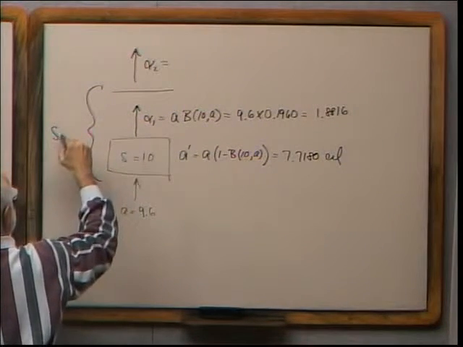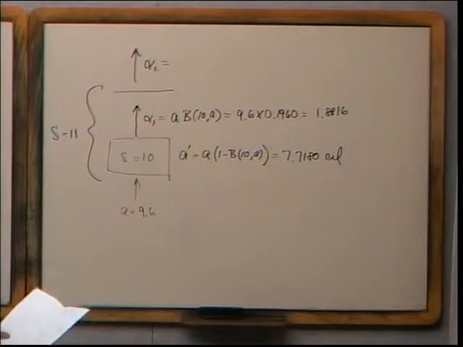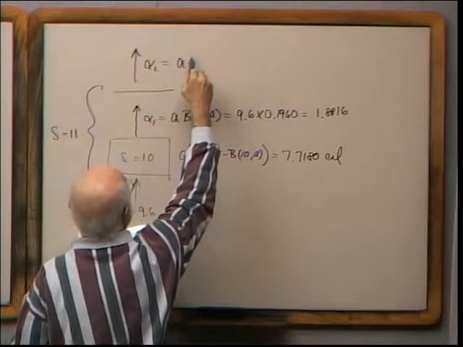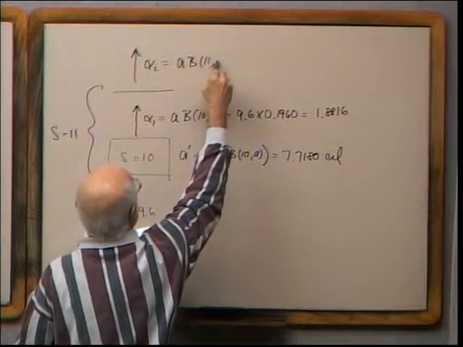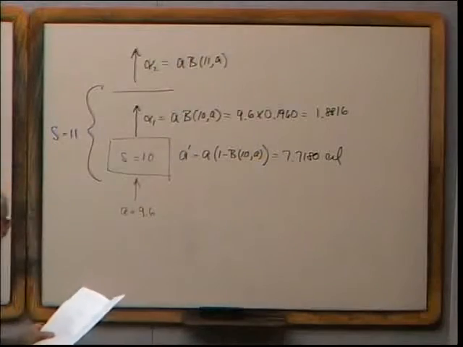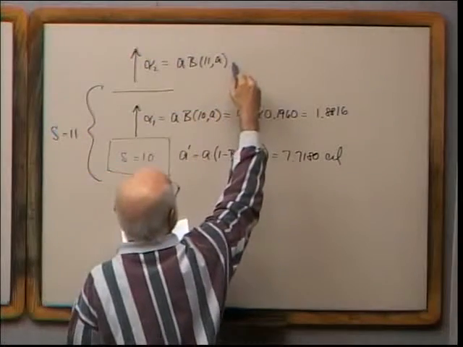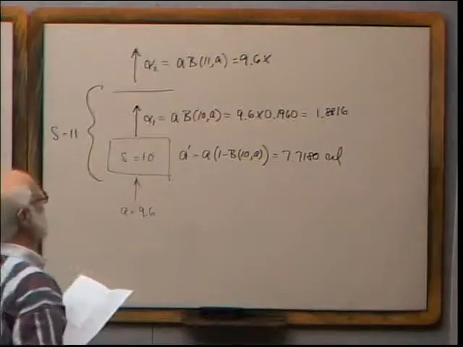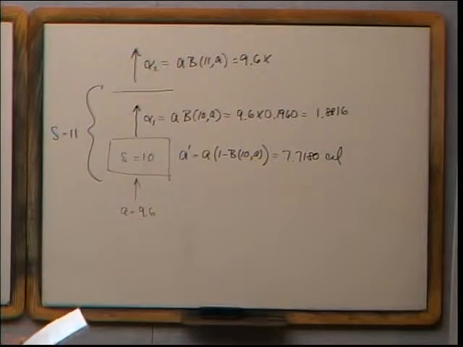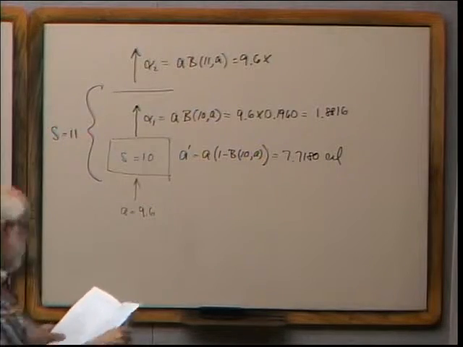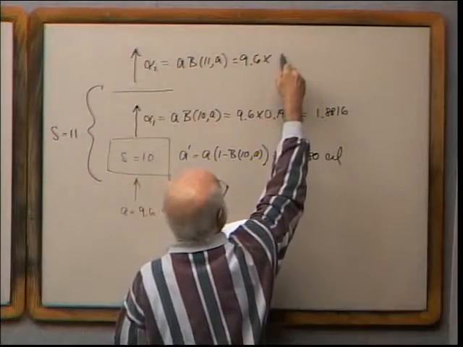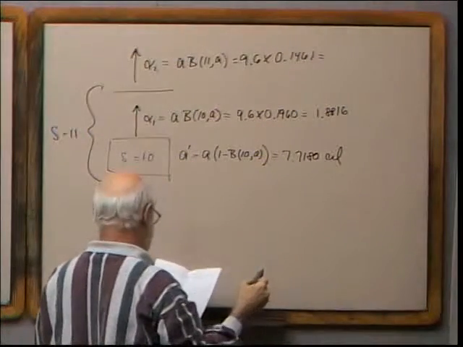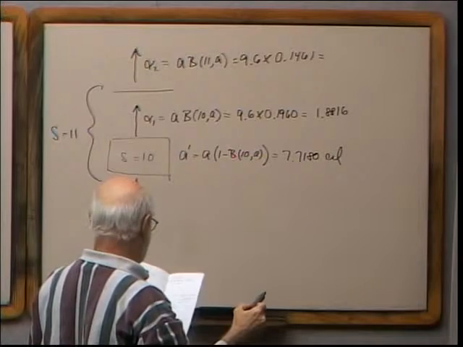So therefore, alpha 2 is equal to the original offered load A times the Erlang B with 11 servers, which is equal to 9.6 times, now I have to calculate the Erlang B of 9.6 Erlangs offered to 11 servers. And that turns out to be 0.1461. When you multiply that out, that turns out to be 1.4026.